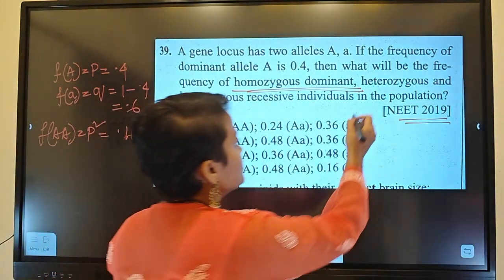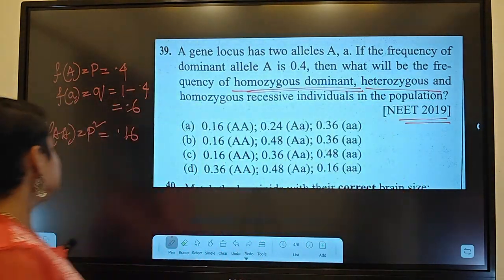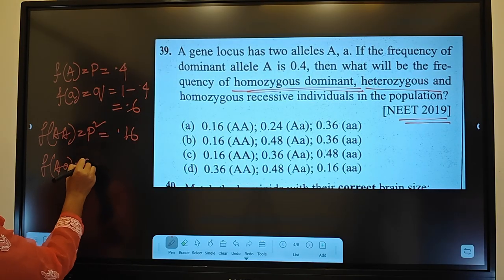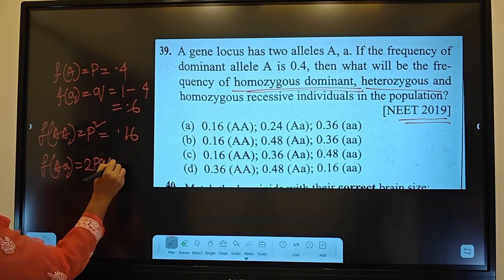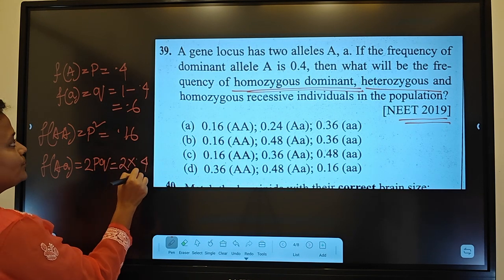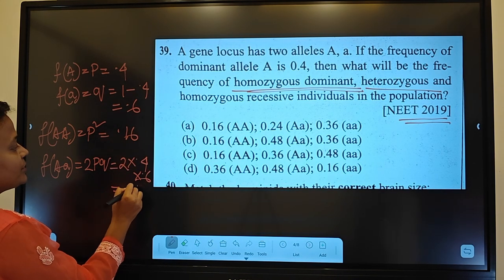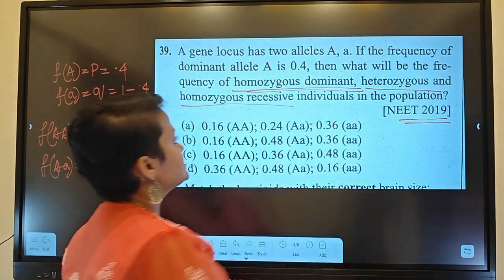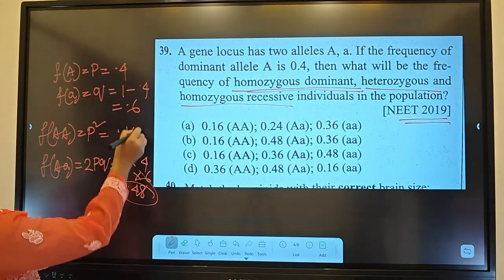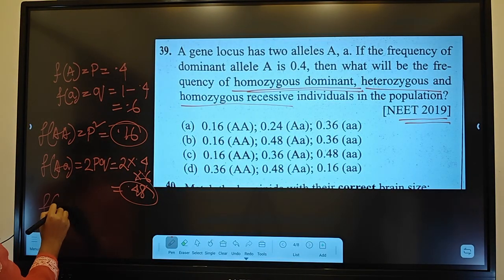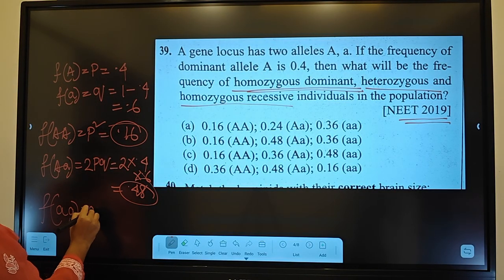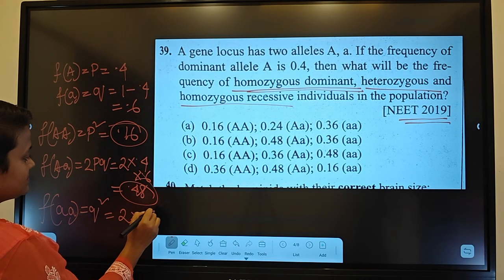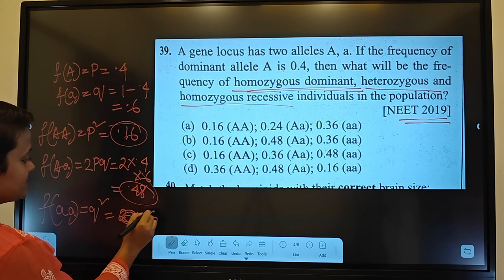They are asking about heterozygous, frequency of capital A small a. It will be 2pq. So it will be 2 into 0.4 into 0.6, that is 0.48. Right? And they are asking about homozygous recessive, means frequency of small a small a, that is q square, that is 0.6 square.